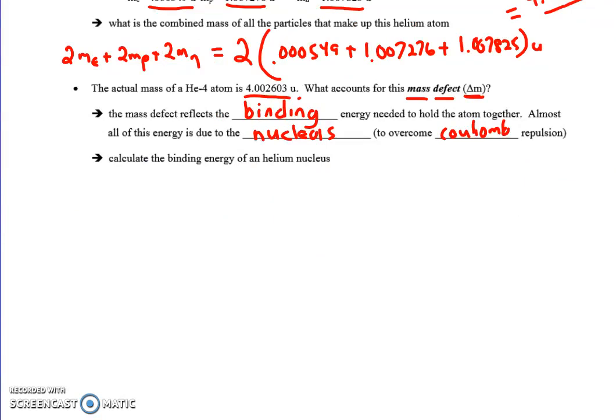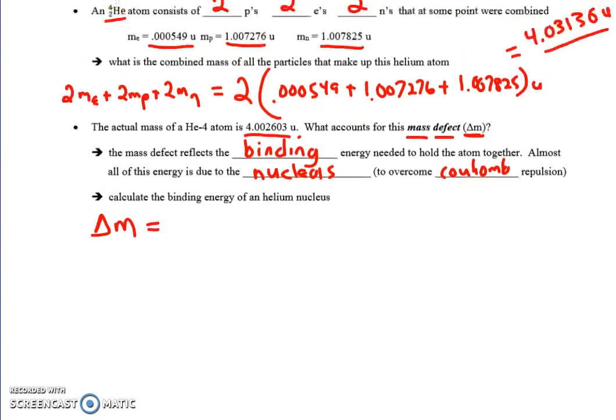So let's first calculate the mass defect. The mass defect is the difference in mass between the individual parts and the overall atom. Our overall individual parts we saw earlier by calculation was 4.03130, and the mass of a helium atom is 4.002603 U, right?